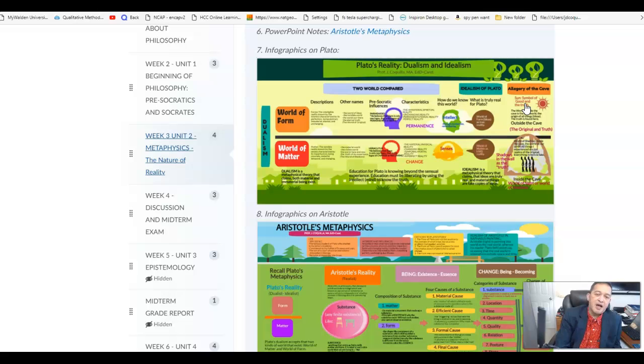Now, since this is the allegory of the cave, it's symbolic. The prisoner did not really walk outside the cave, technically, in a literal sense. It's just a matter of using his mind to know. Because inside the world of matter, he was using his senses all the time.